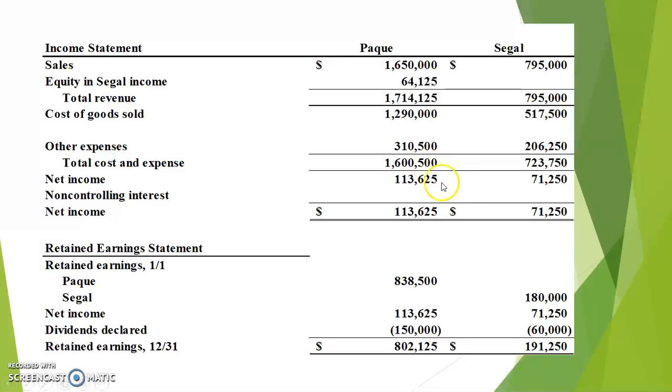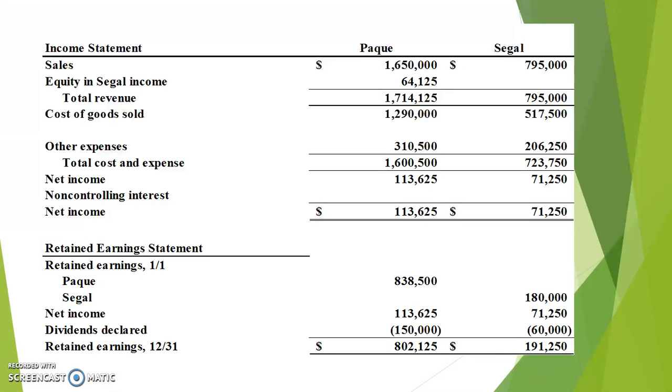So calculating 90% of $71,250 would result in $64,125 that would have been recorded in the parent company as their equity in Seagull. This is how we know the company is using the partial equity method.